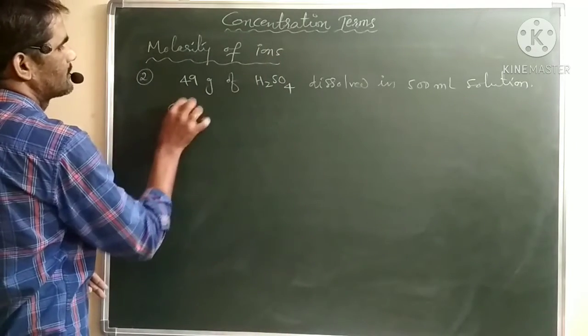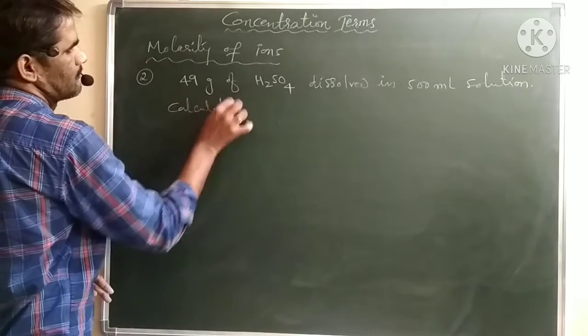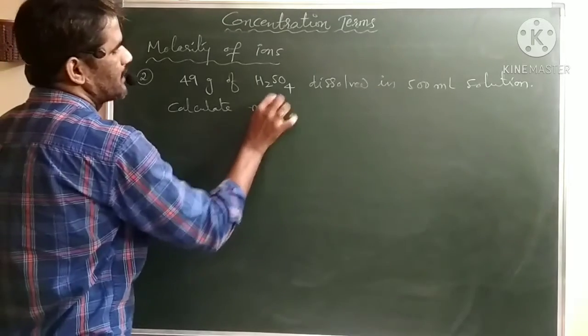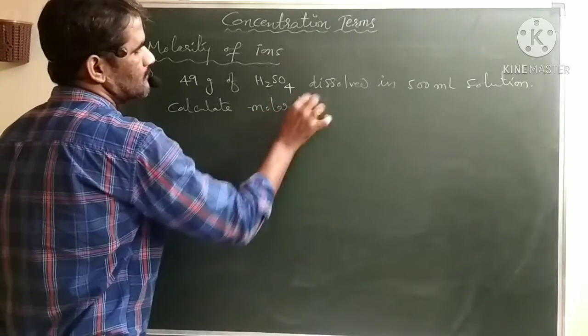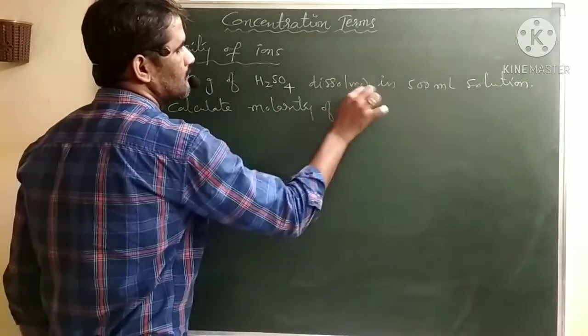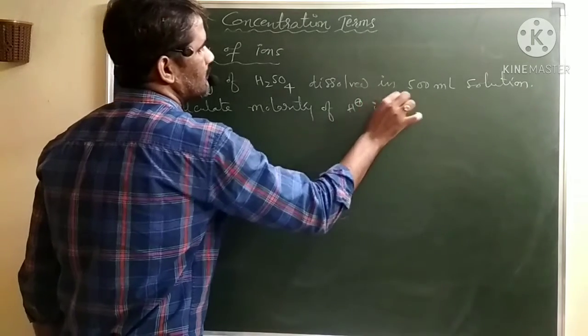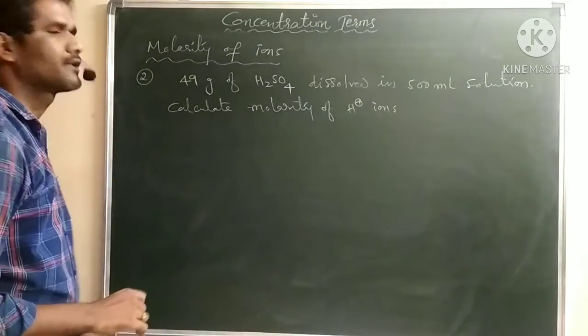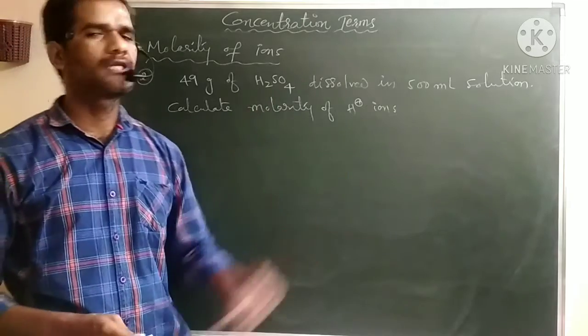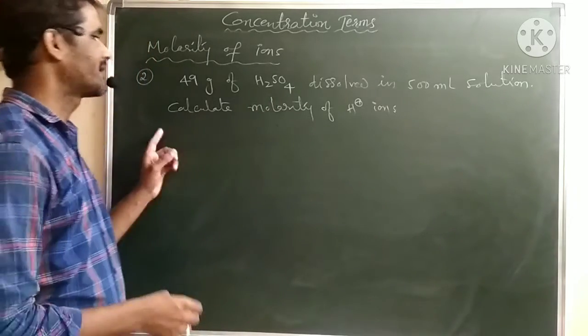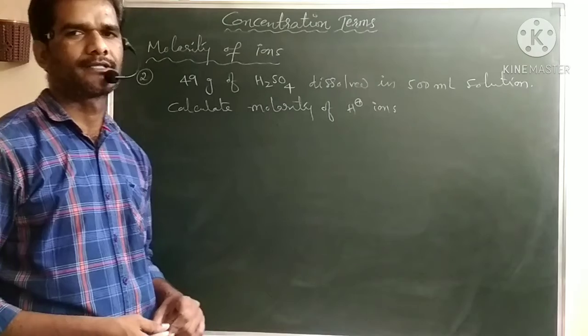Then calculate the molarity of H plus ions. So 49 grams of H2SO4 dissolved in 500 ml solution, then calculate the molarity of H plus ions.